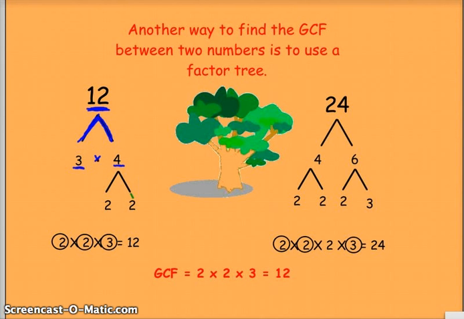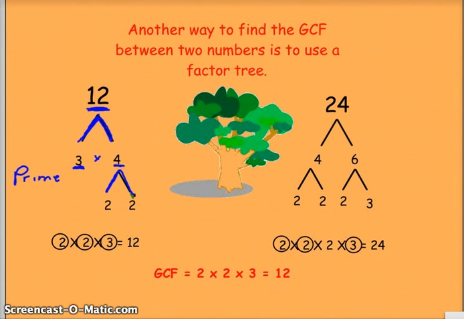The next question to ask yourself, can this be branched out any further, or is it prime? You remember that prime numbers are numbers that can only be divided by 1 and itself. So in fact, 3 is prime. I can't go with any further branches. 4 is not.